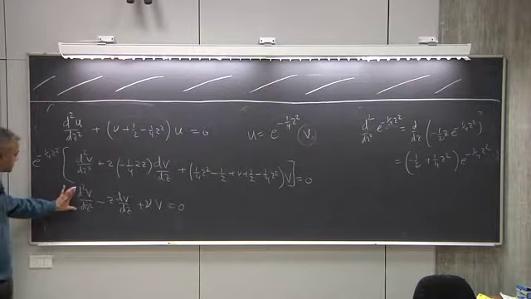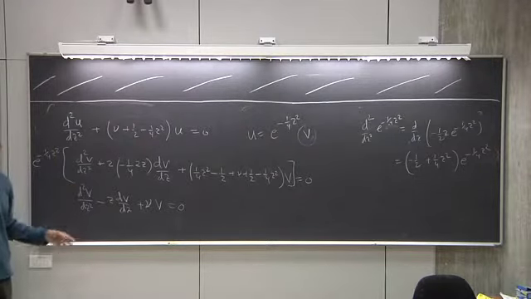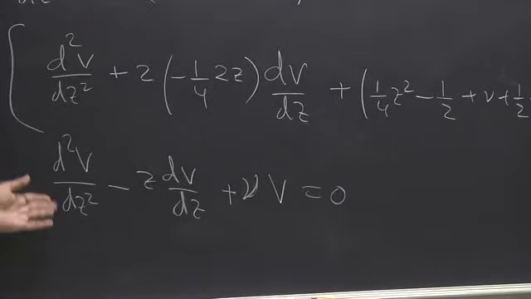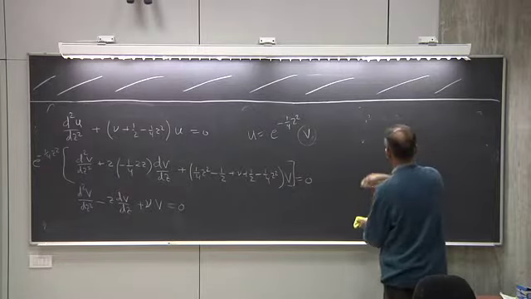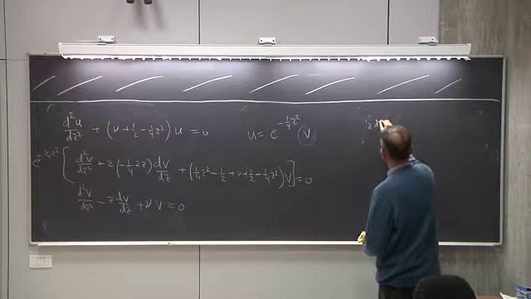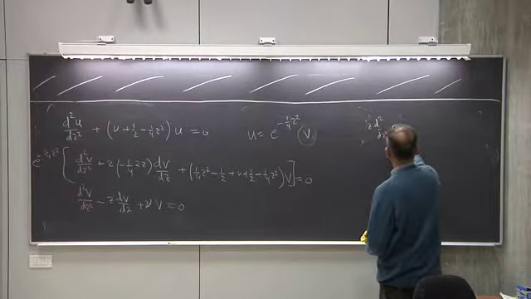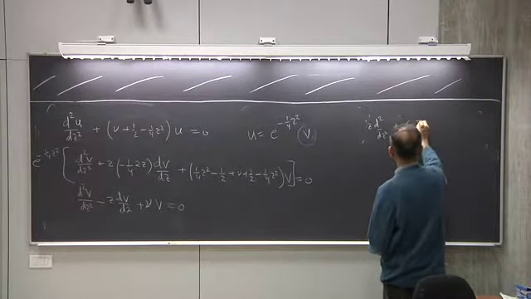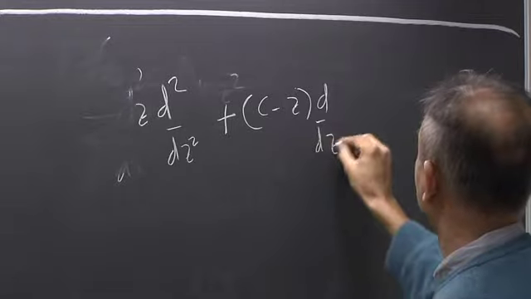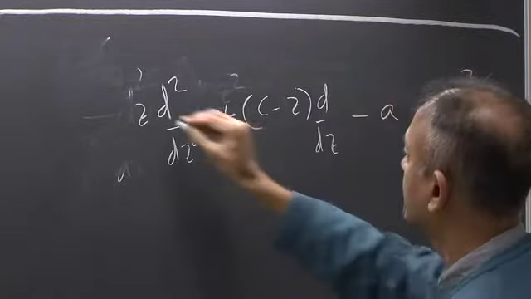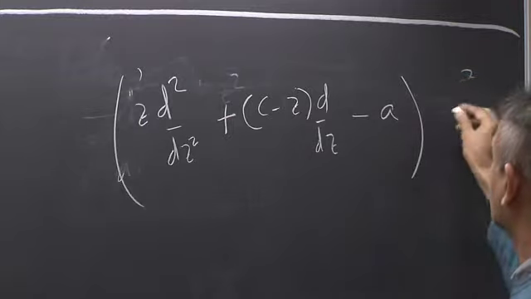But still, what has this equation got to do with the confluent hypergeometric equation? It's not obvious, right? Because remember, the confluent hypergeometric equation was z d2 by dz2 plus c minus z d by dz minus a, acting on something equal to 0.